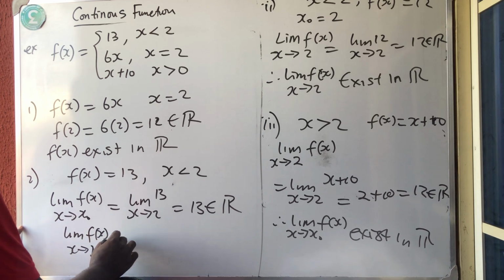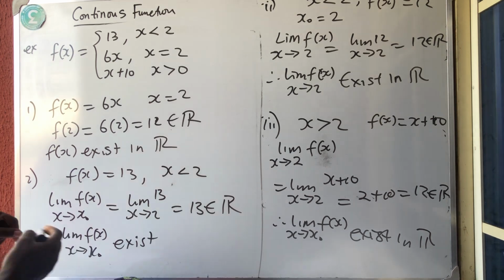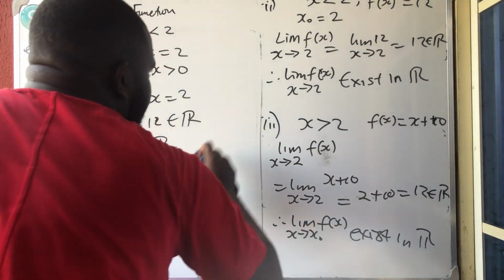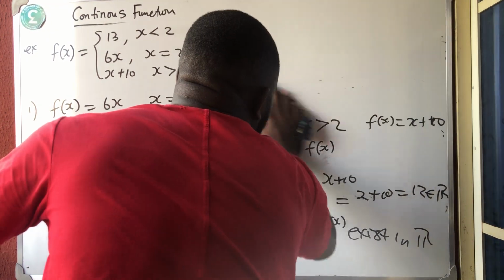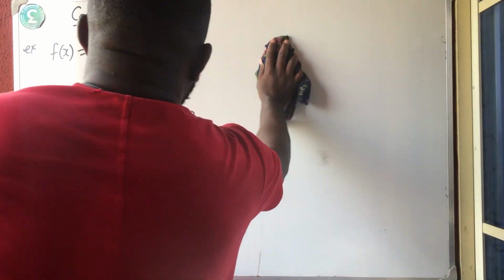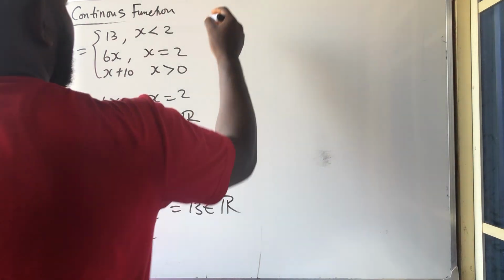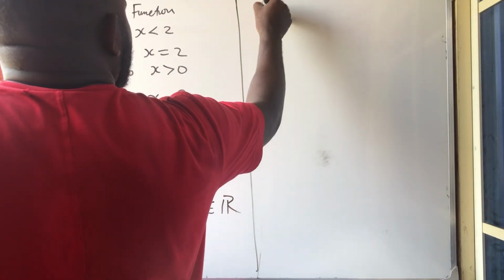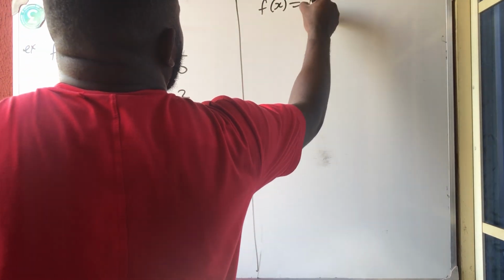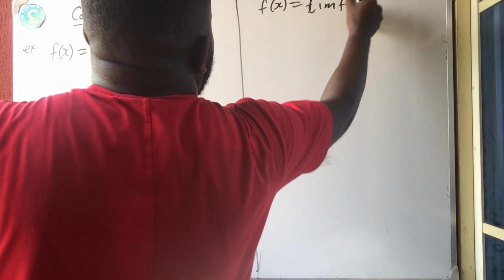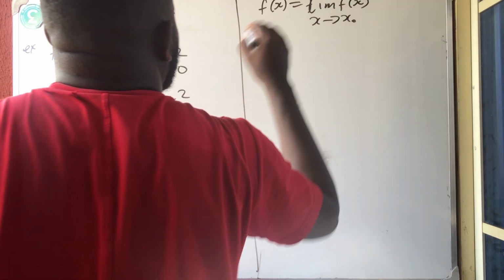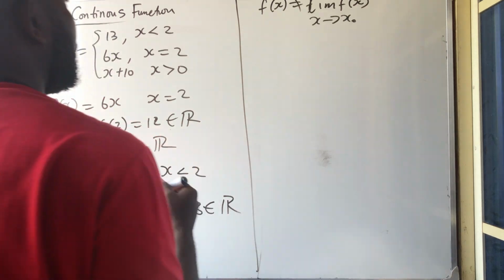So the lim exists. The lim of f of x as x tends to x naught exists. So since it exists, then the last one, you check the limit again. But in fact, you don't even need to continue because f of x is not equal to the lim of this. Since f of x is not equal to the lim of f of x as x tends to x naught, what do we say?